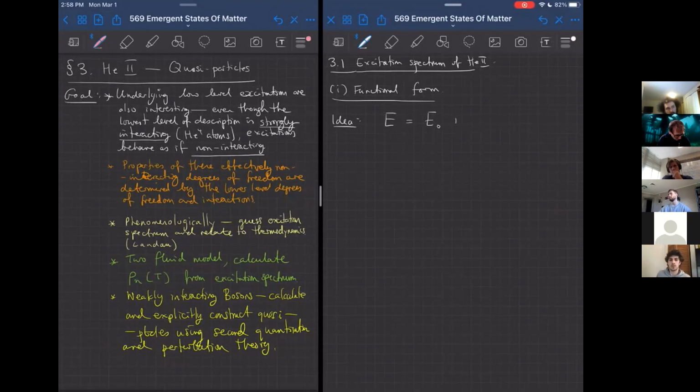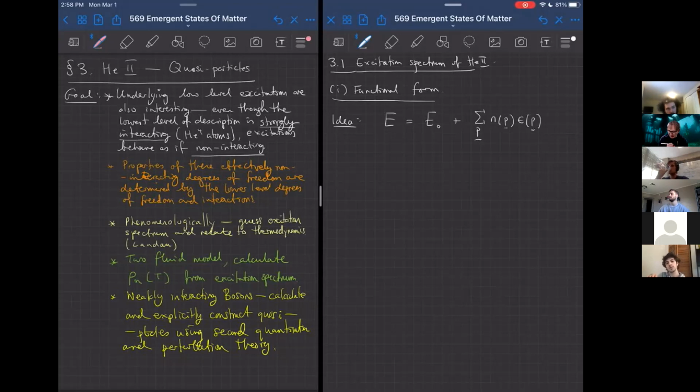We're going to say that we create elementary excitations, and they will have some momentum, so we'll call that P. And how many of those excitations we'll have at some particular momentum P, we'll call that N of P. And then how much energy do they have, we'll call that epsilon of P. And that's what we mean by the excitation spectrum.